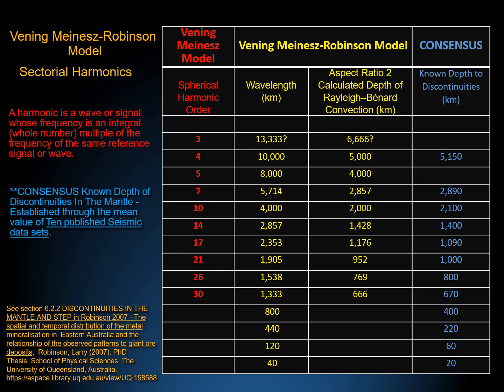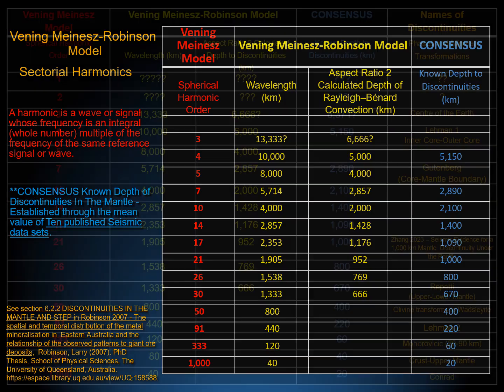These 4 known depths to discontinuities arise from wavelengths of 800, 440, 120, and 40 kilometers respectively, and each spherical harmonic order can be recognized by 50, 91, 333, 1000, respectively.